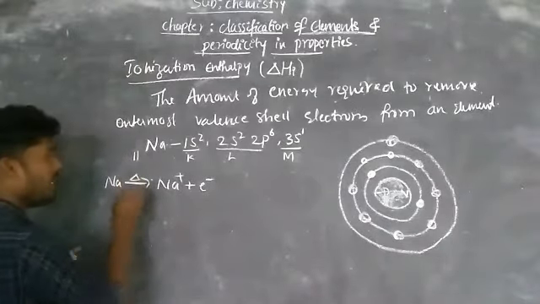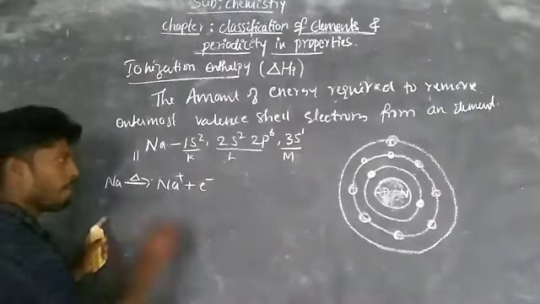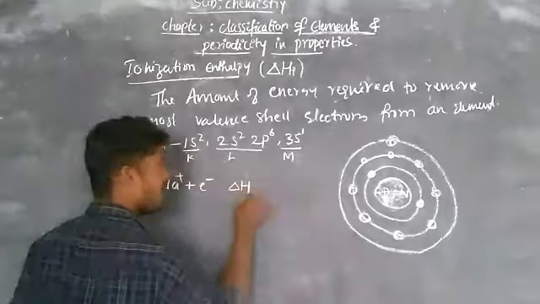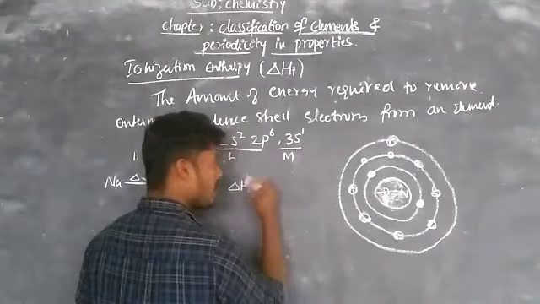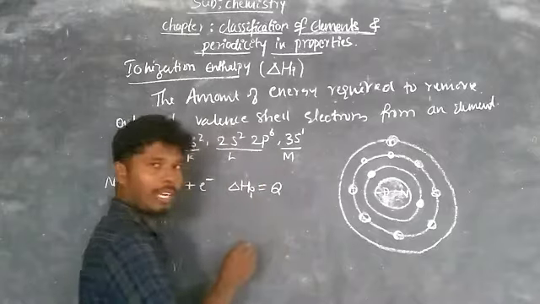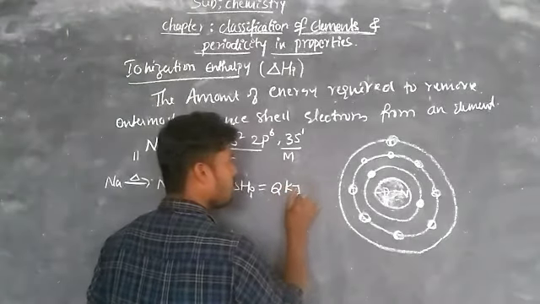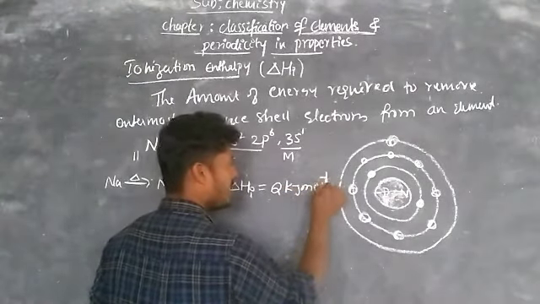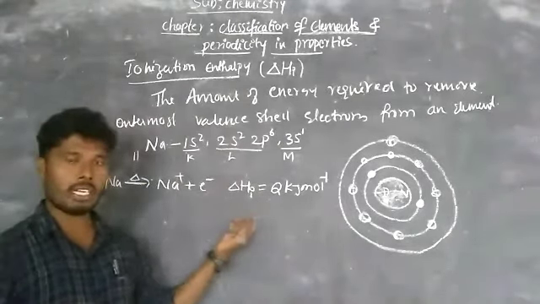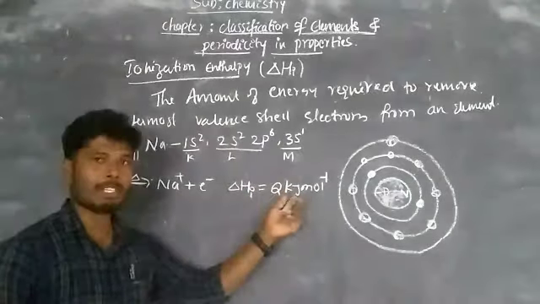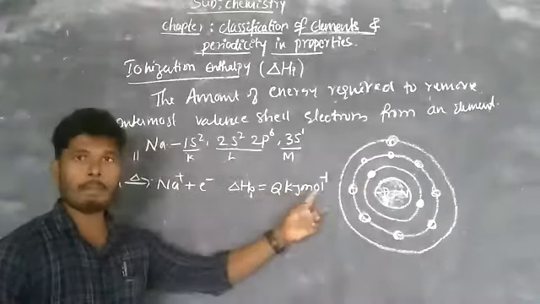Now here, applying heat energy, delta H i, the change in enthalpy or the ionization enthalpy, is equal to some quantity Q, measured in kilojoules per mole, the SI unit. Heat is a form of energy, therefore we measure it in joules, here kilojoules per mole, that is, how much heat energy is needed for 1 mole.